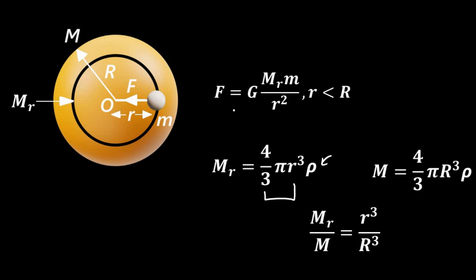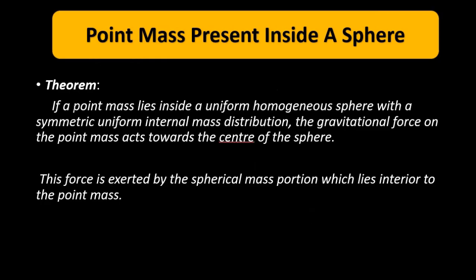So here, instead of capital M, we are using m subscript r, which is the mass of the inner spherical portion. We are not considering the mass of the entire sphere. We are considering the mass of the inner sphere. So that is why this theorem becomes very important.